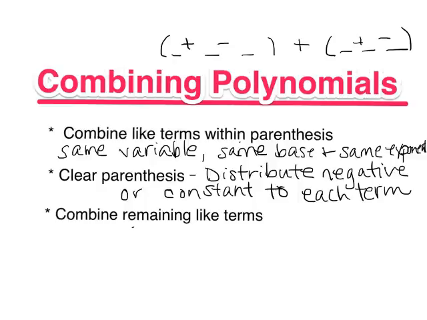And then finally, you combine your remaining like terms by addition. And just be careful to pay attention to the signs here, to make sure that if it was a minus, you take that minus with it, so you're actually adding that negative.